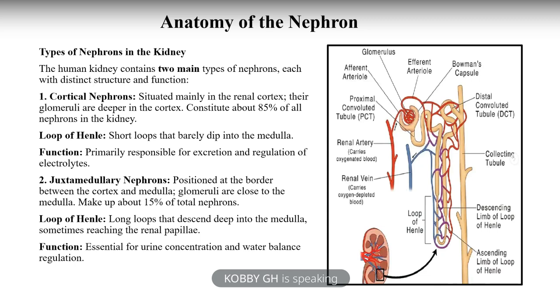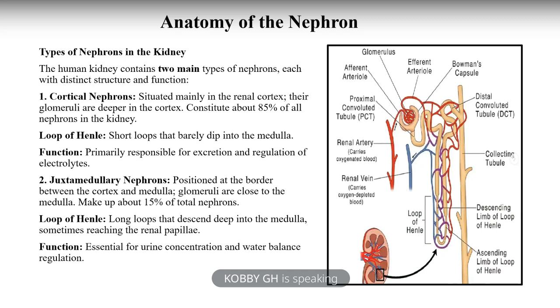Now let's talk about the second one. Like I mentioned earlier, if you look at the functions, cortical nephrons are primarily responsible for excretion and regulation of electrolytes. Is that okay? Great.